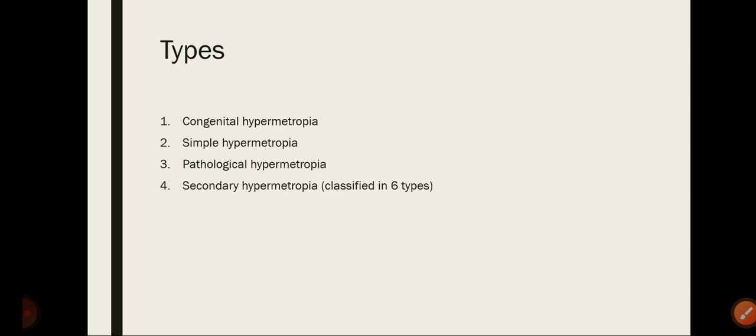Next we come to secondary hypermetropia. The term secondary hypermetropia may be used for all types of acquired hypermetropia caused by other eye disorders or factors which are not the known risk factors for simple or physiological hypermetropia. The types are mainly 6.